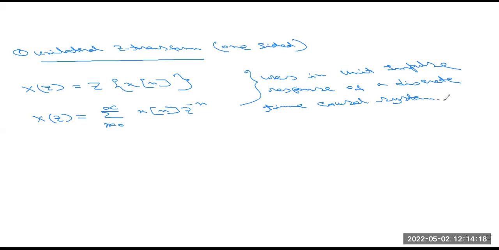So this is called the unilateral or one-sided jet transform. And the other one is the bilateral or two-sided.